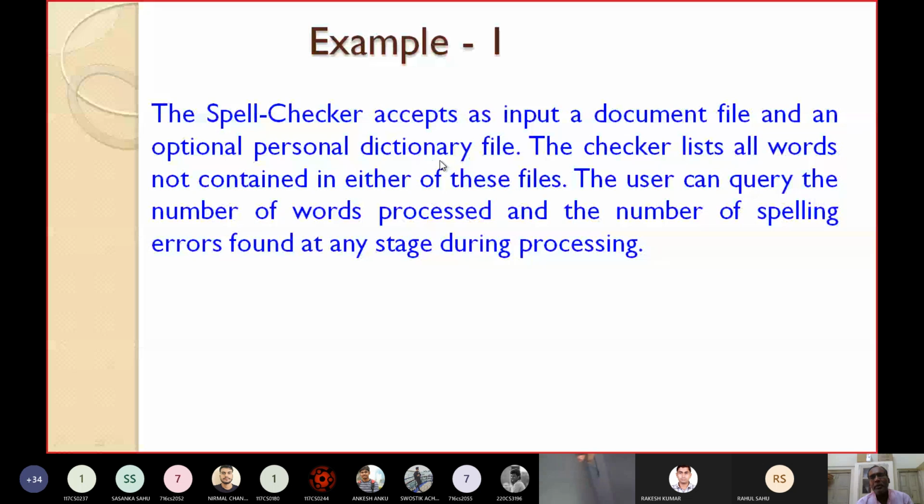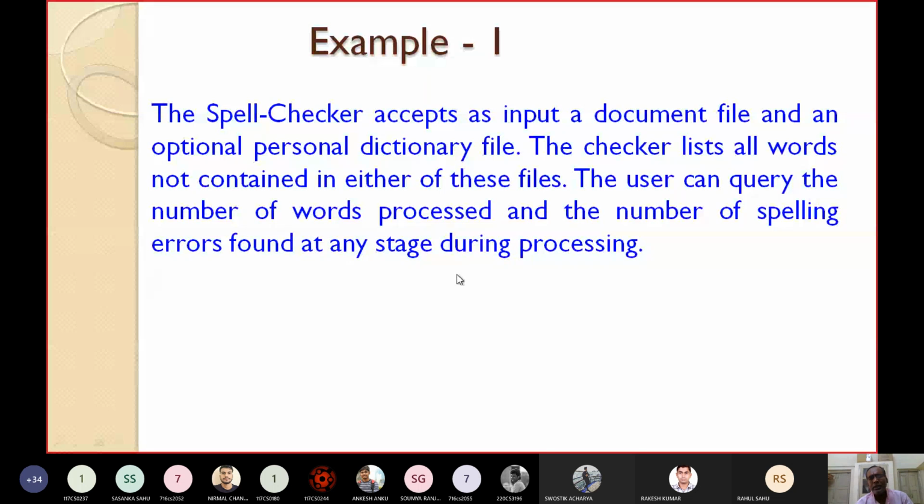The spell checker lists all the words which are not contained in either of these 2 files, that means either the document file or the personal dictionary file. The user can make a query for the number of words processed and the number of spelling errors found at any stage during processing. Basically a spelling checker kind of software.